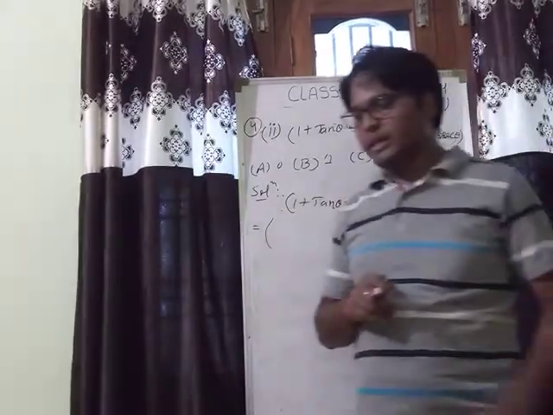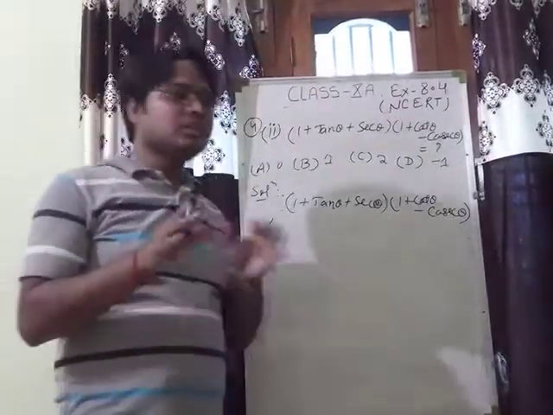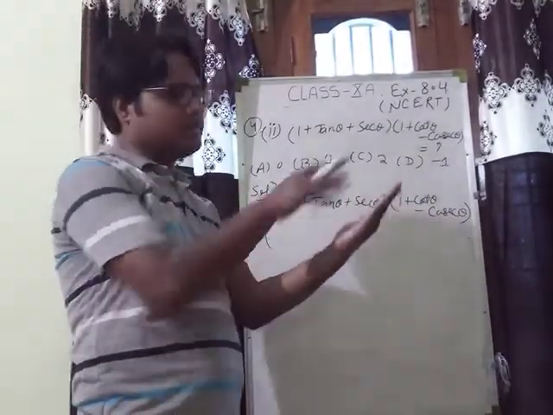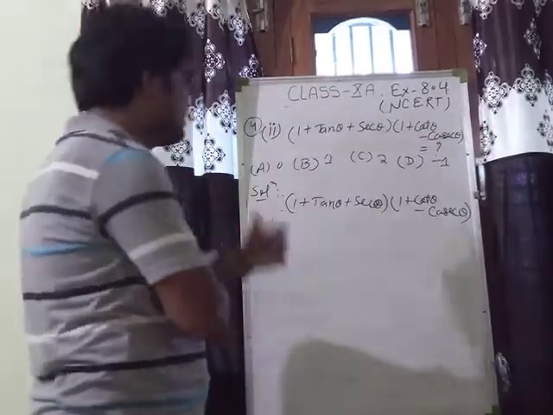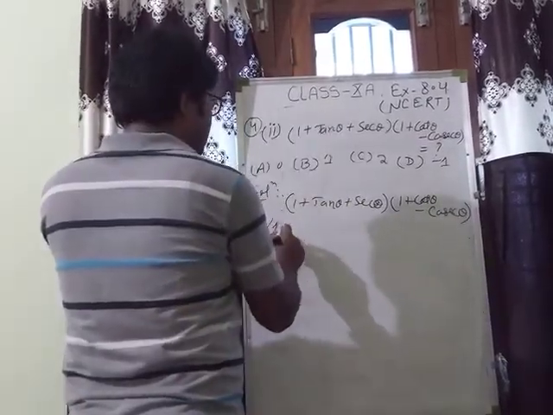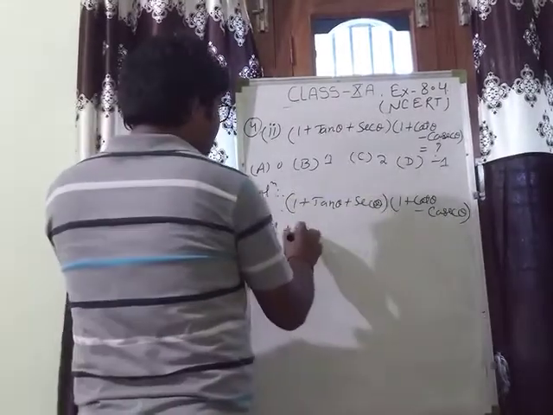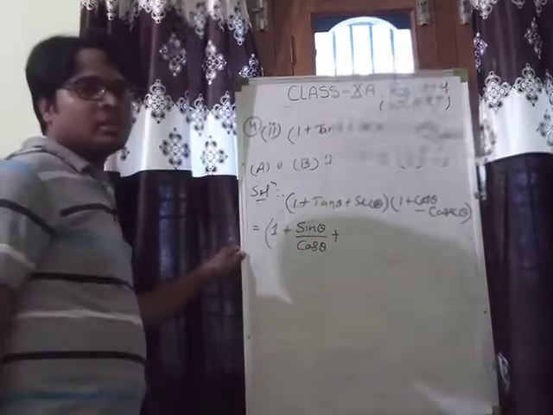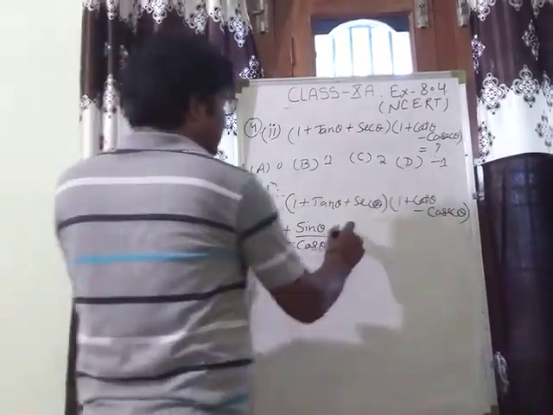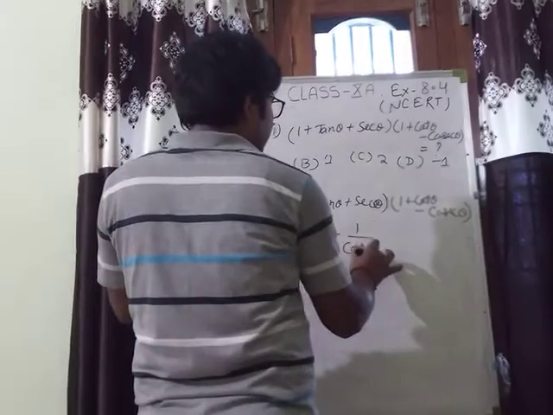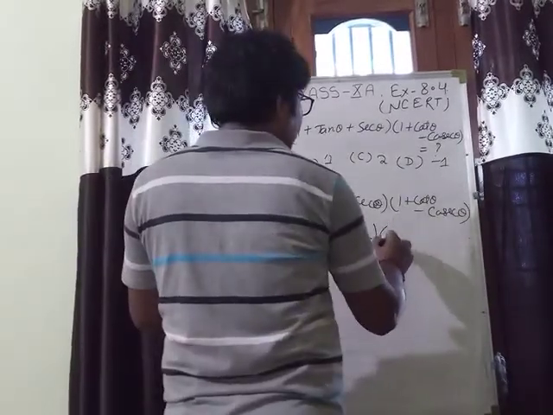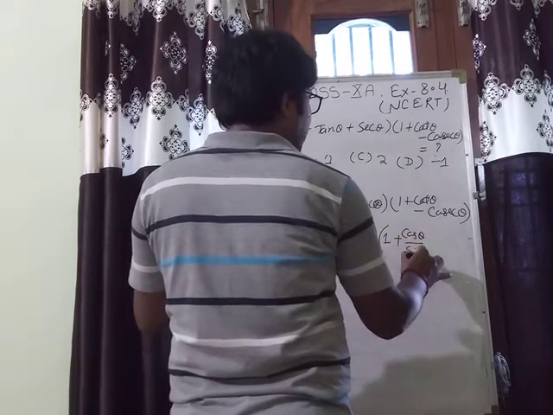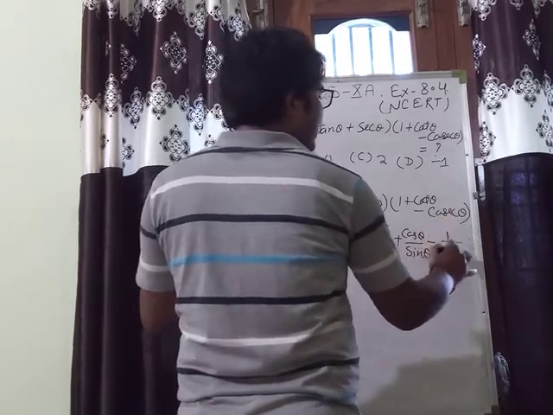You have to learn all that, but still when you have not learned that, put a note of the identities in front of you and see from there. That is 1 plus tan theta is what? Sin theta upon cos theta, and plus sec theta, 1 by cos theta. Okay, and this one 1 plus cot theta is cos theta by sin theta minus cosec theta is 1 by sin theta.